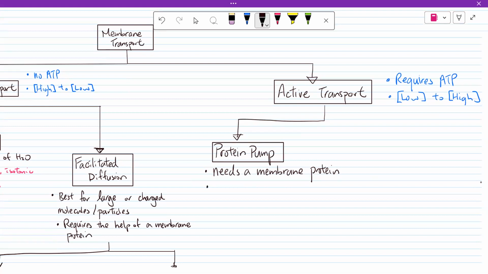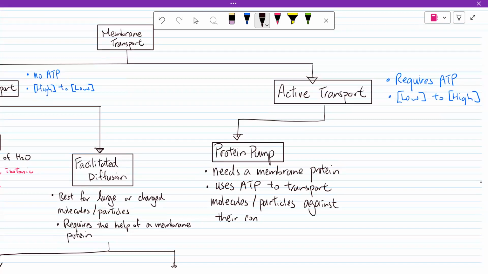and it sounds very similar to an active transport description, but it uses ATP to transport molecules, particles against their concentration gradient.